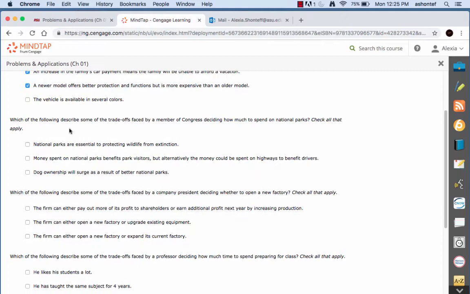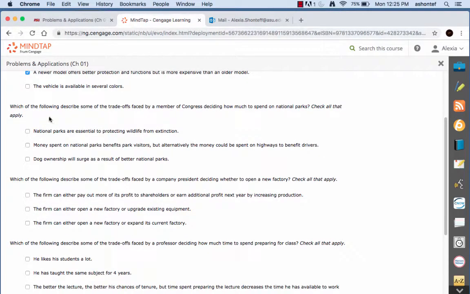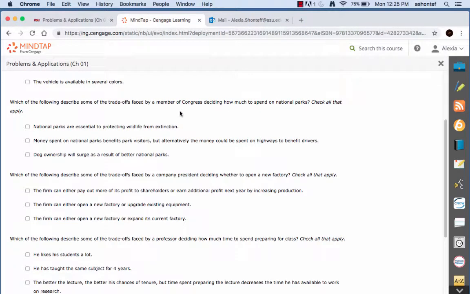So we'll move on. Then the next one says, which of the following describes some of the trade-offs faced by a member of Congress deciding how to spend money, let's say, on national parks? Check all that apply. So when you're answering these questions, the really big thing you want to be thinking of is it's a trade-off, but you've got to look at it from the point of view of whoever we're looking at.